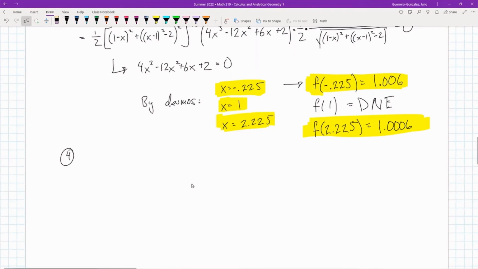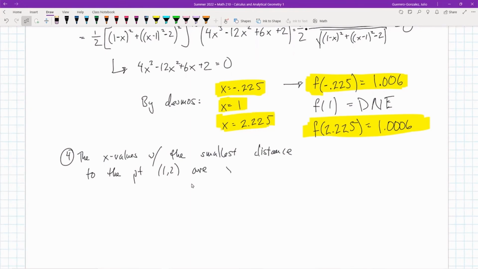So for 4, the points closest to the point (1, 2) are x equals negative 0.225 and x equals 2.225. This is our final answer right here.